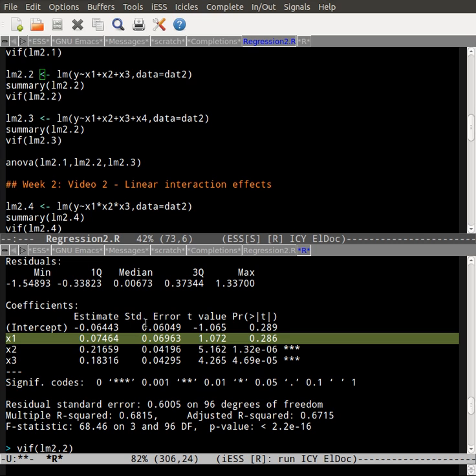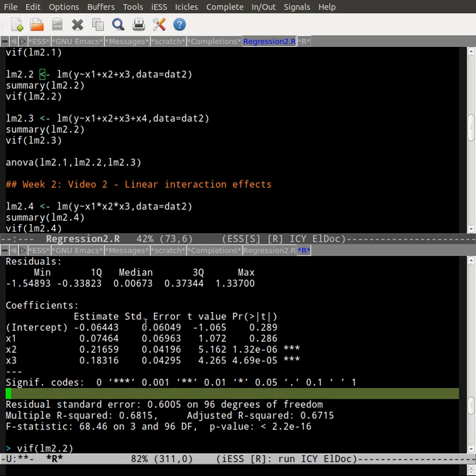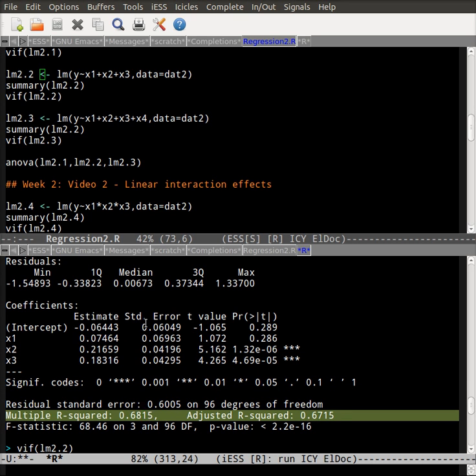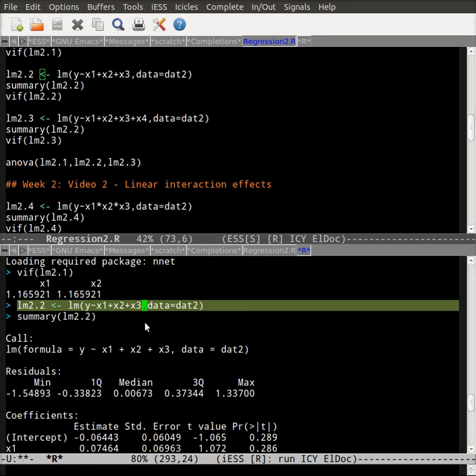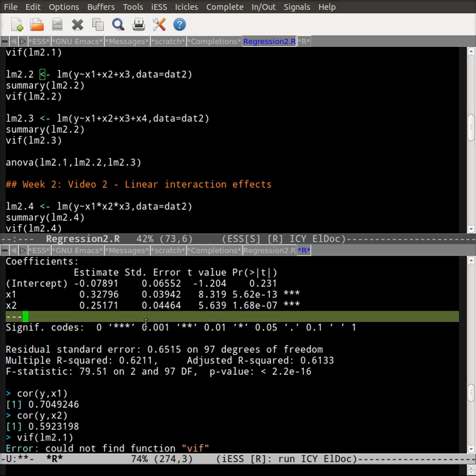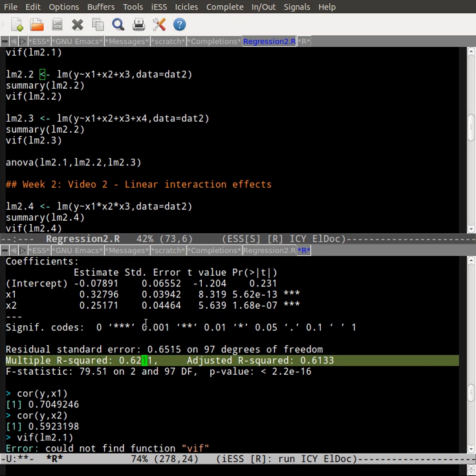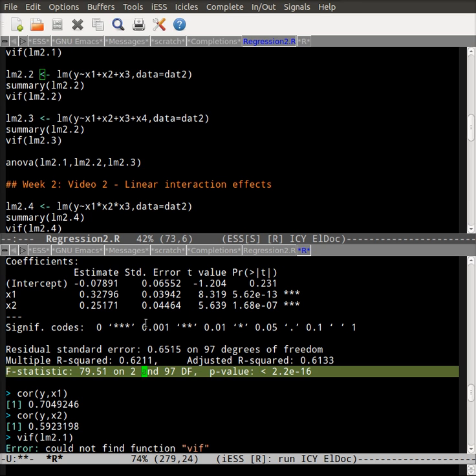X1 used to be a significant predictor, but as soon as I throw in x3, it's no longer a significant predictor. My multiple R squared for just x1 and x2, if I go back up here, you'll see that x1 and x2 were both significant, and my multiple R squared was about 0.62, right?